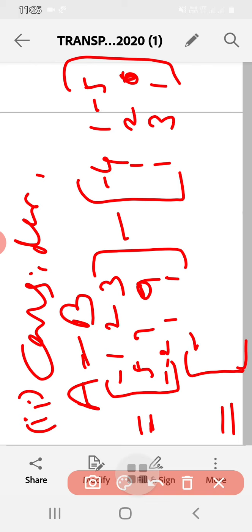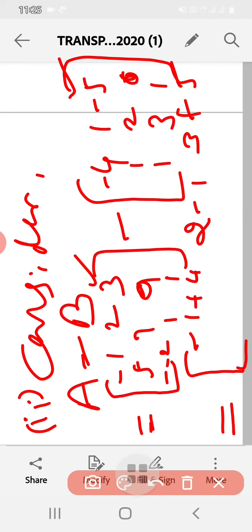Minus 1 minus of minus 4, that will be what? Minus 1 plus 4. Then 2 minus 1. Then 3 minus of minus 5. So be careful about the negative signs. 3 minus of minus 5 will be 3 plus 5.